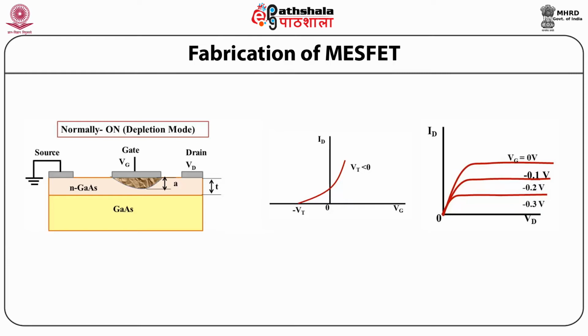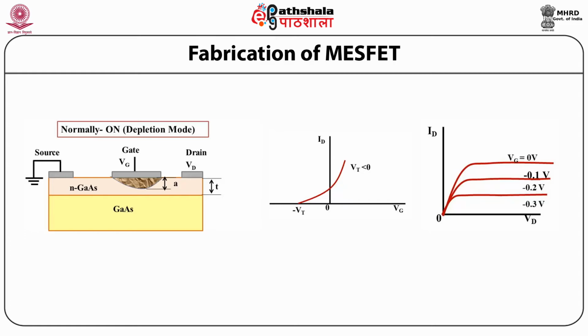Thus, drain current ID flows when VG is greater than or equal to VTH and becomes 0 for VG equal to VTH, where VTH is less than 0.